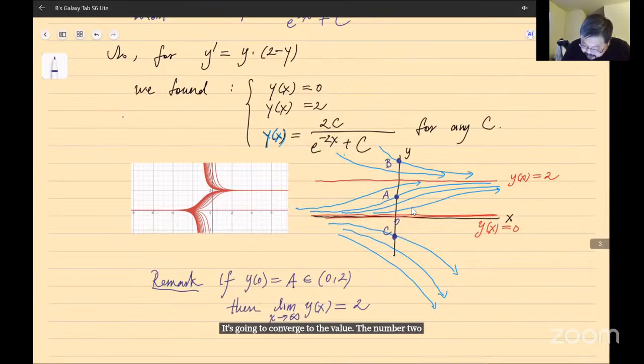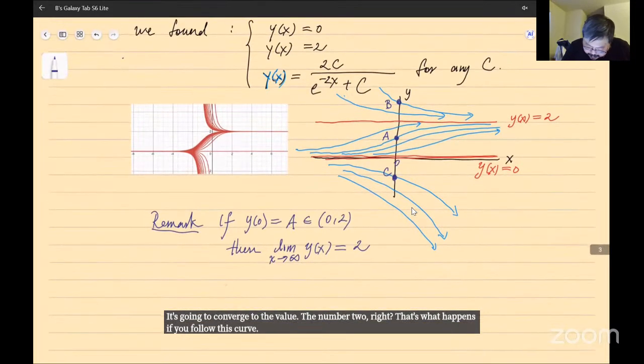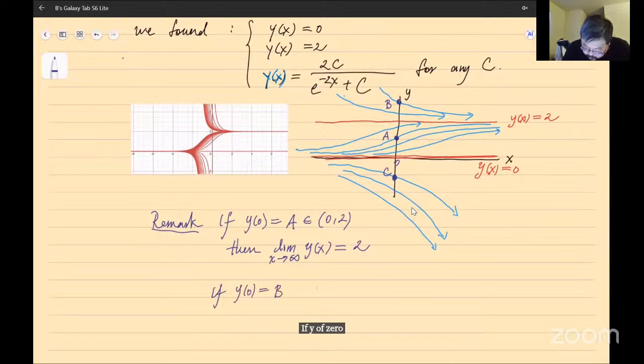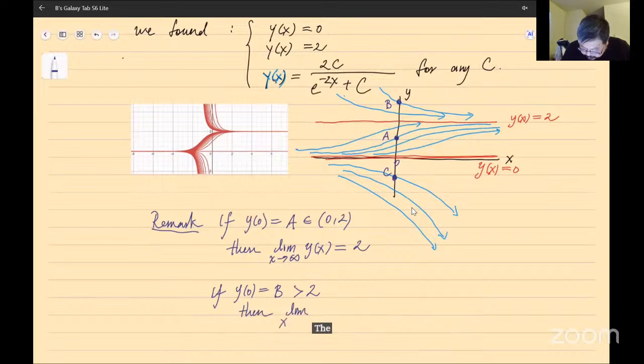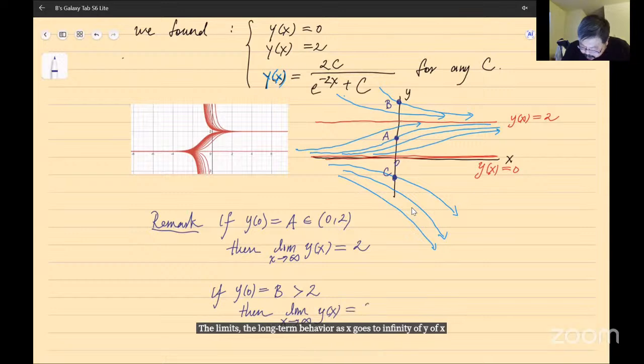That's what happens if we follow this curve. If y of 0 is equal to b, which is strictly bigger than 2, then according to this picture, the long-term behavior as x goes to infinity of y of x is also equal to 2.